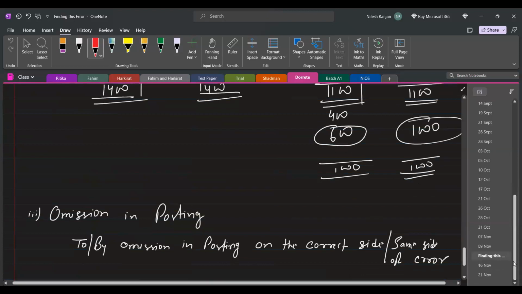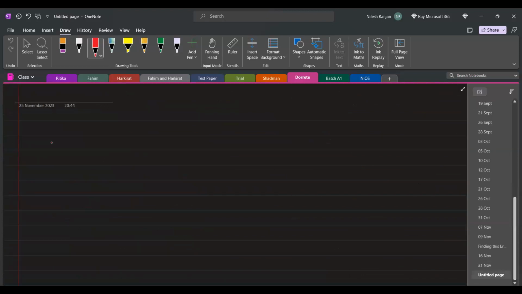I'm writing another example for this. Let's say it is written that purchase account total is more by 200.